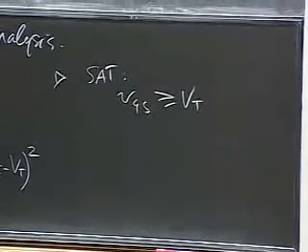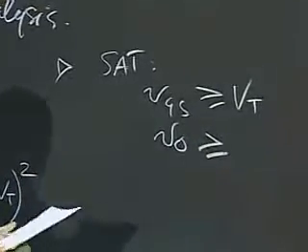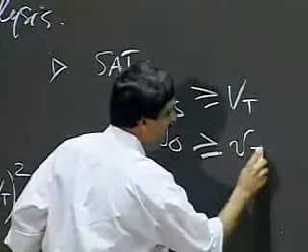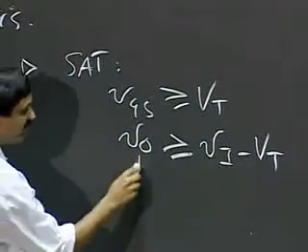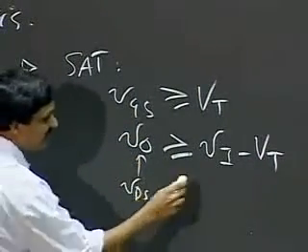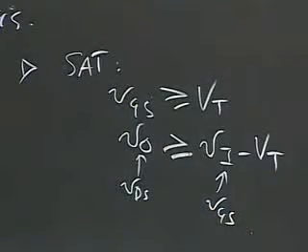Okay? And the second one was that the output voltage needed to be greater than the input voltage minus 1 threshold drop. Okay? And this was same as VDS for the MOSFET. This was same as VGS for the MOSFET.